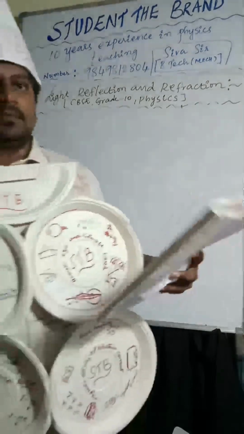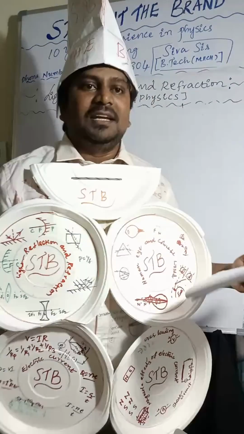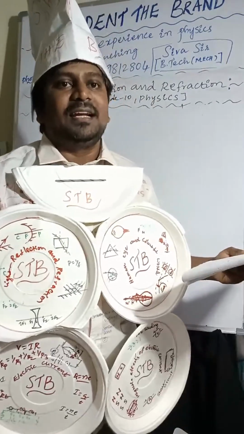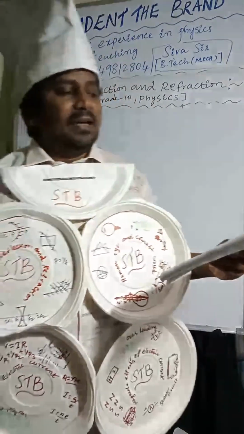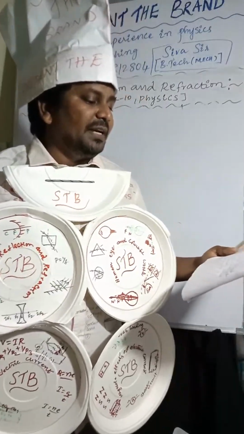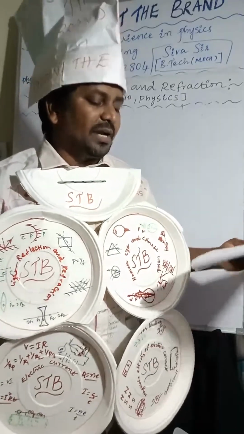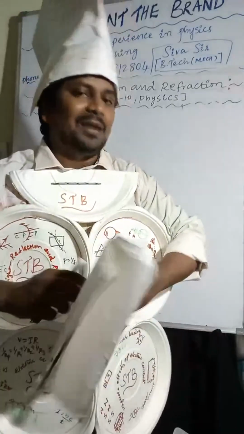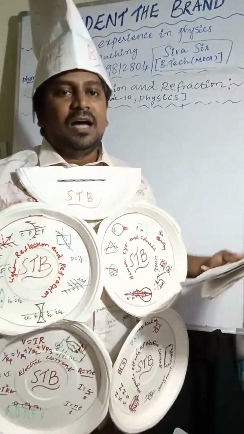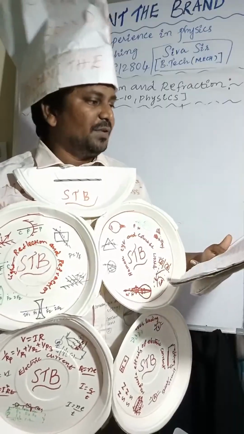Convex mirror gives a wider field of view. It enables us to see a larger view of the traffic behind us. With the help of this, we can see the large traffic view behind us.